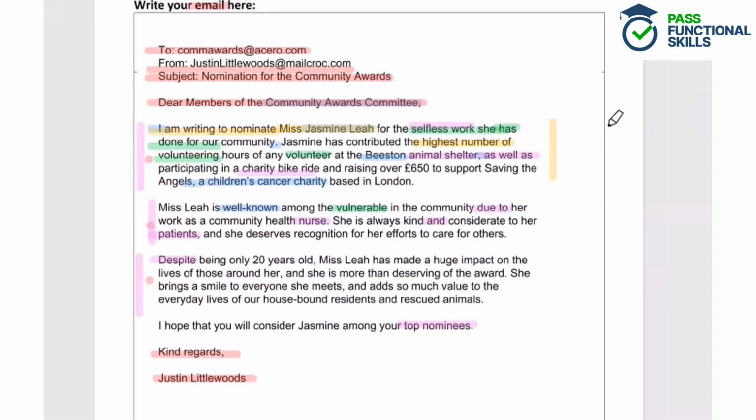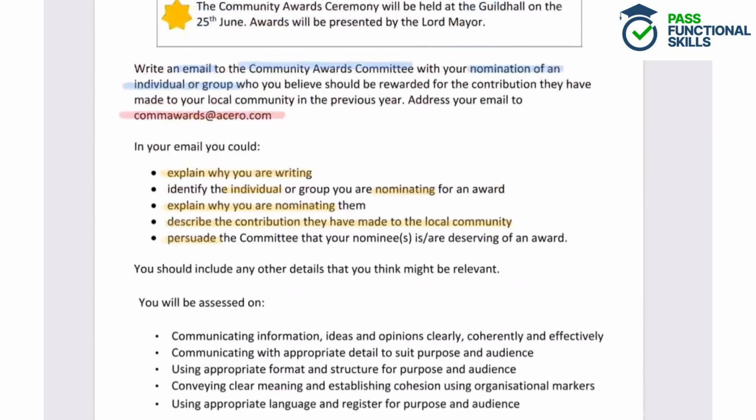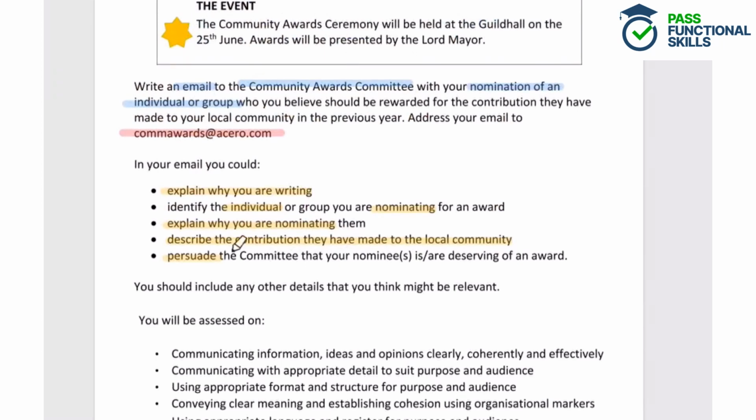Next, let's think about the language and register that has been used in the answer. So whenever you're writing, you need to make sure that you have the right kind of tone and style to match up with the audience and purpose. So let's remind ourselves of the audience and purpose in this question. We have been told that the purpose is to nominate someone for an award.